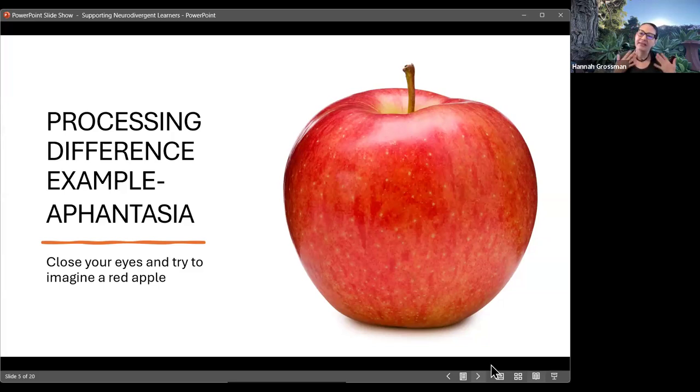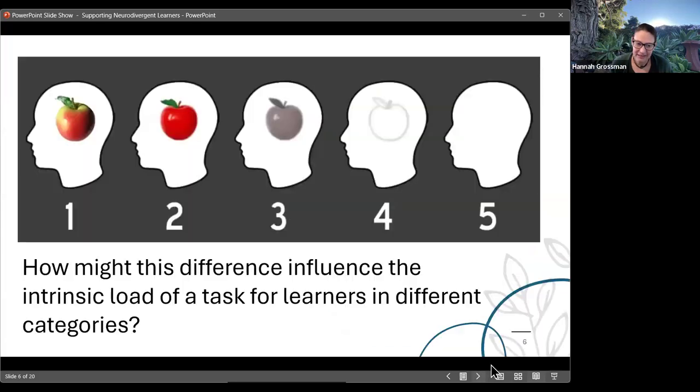Okay. Now that you've done that, here's an image that shows what that picture of a red apple might look like in your head. So if you are a number 1, you see a real object. You see the apple. You might be able to see its skin. You might be able to see little holes in the skin.